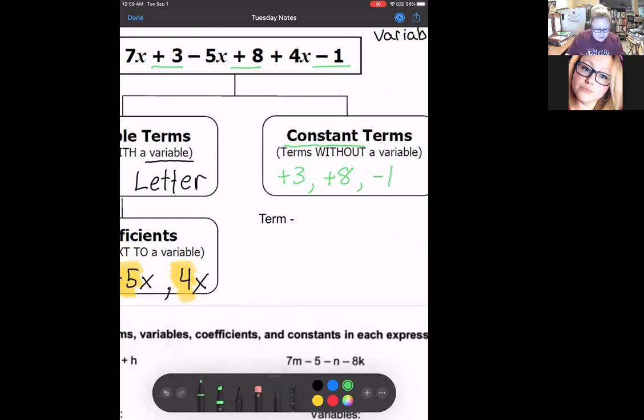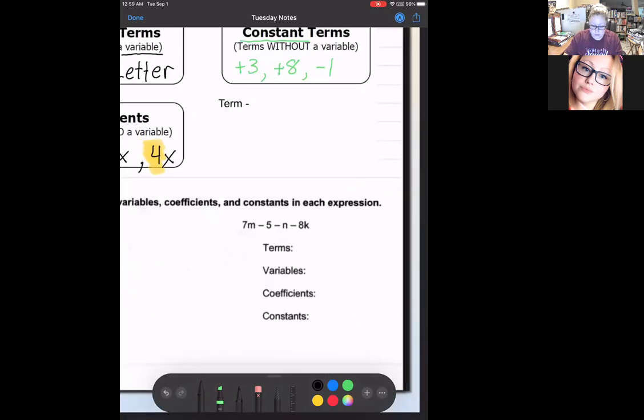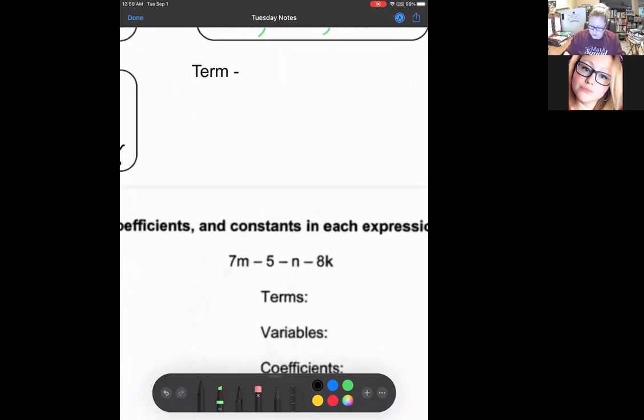And the very last is a term. So a term is each part of an expression separated by a plus or a minus. It's not in a box. It's kind of floating. Like I said, I'm going to learn how to type this soon.